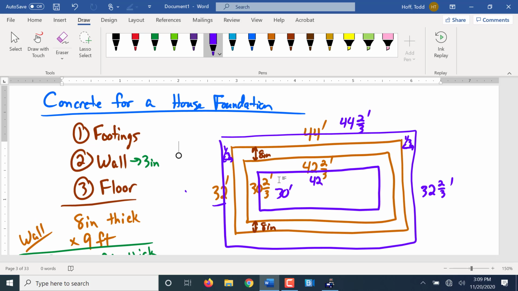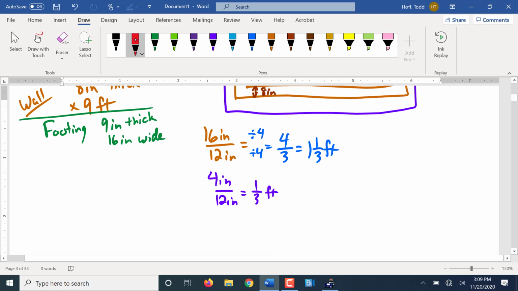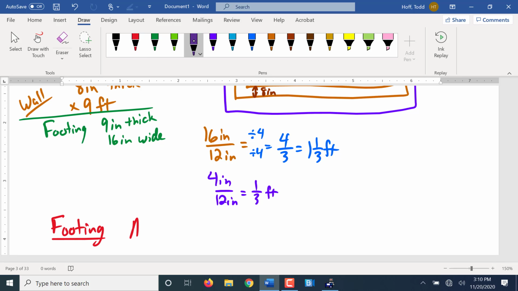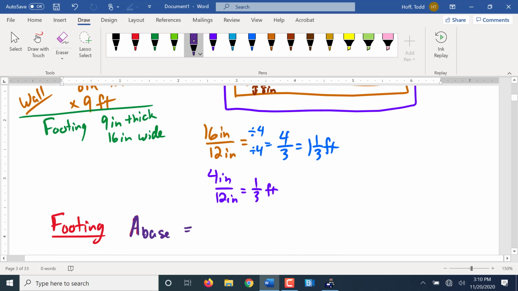So I got 30 feet there. So my footing, I find the area of the base for my footing. I have 2 rectangles. I have a big rectangle, 44 2/3 by 32 2/3.